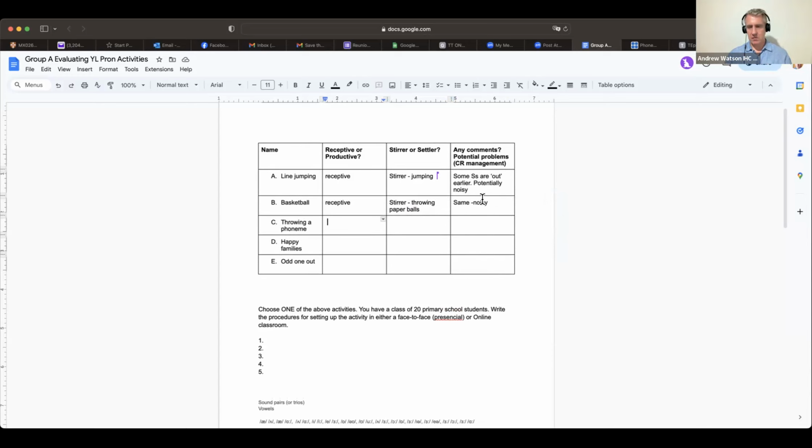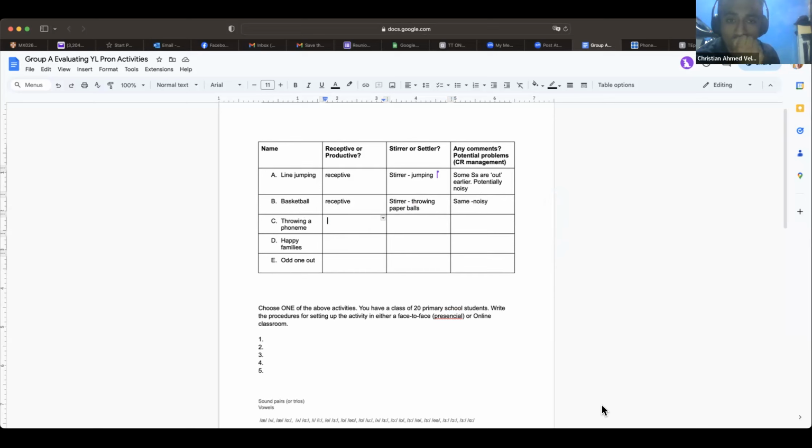Now, throwing a phoneme. Let's have a look at that one. It's productive. Yes. Why? Because the teacher is going to give a word to the student, and the student needs to vocalize the sound.